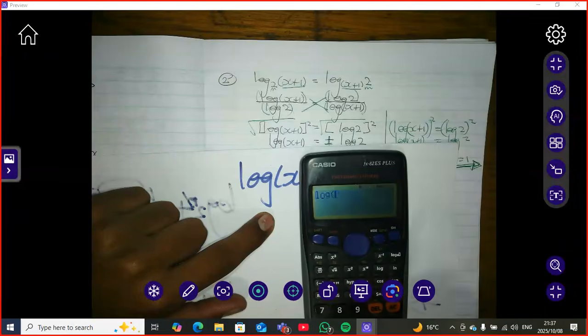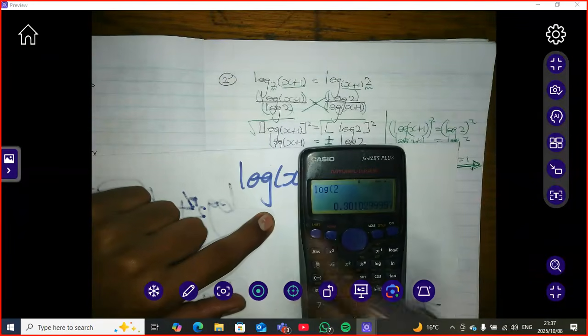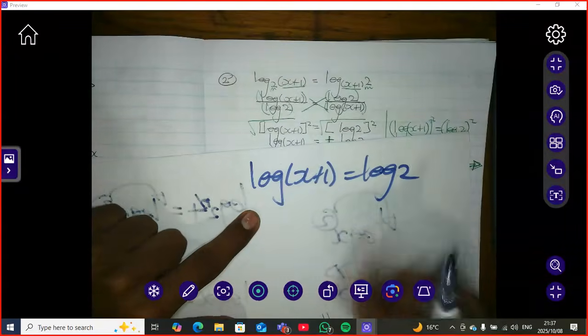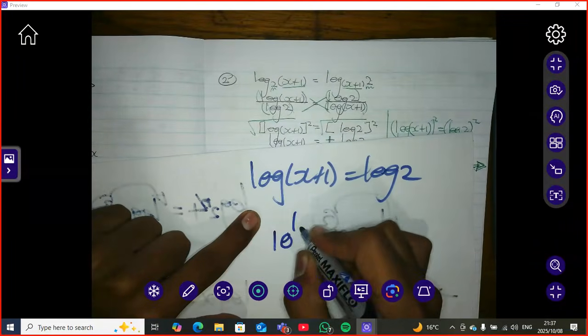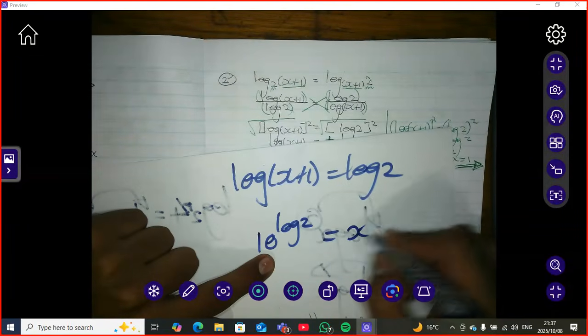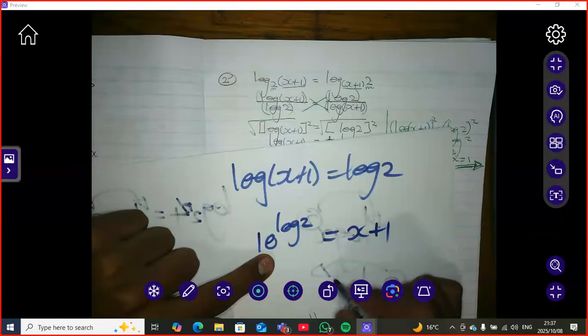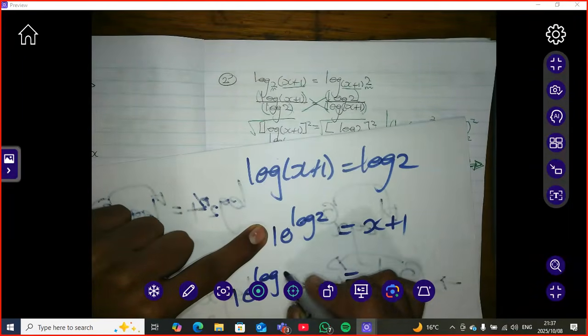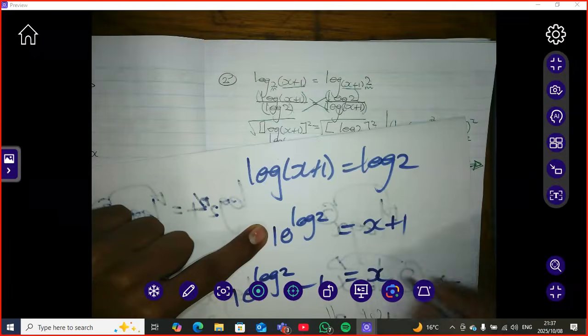You can say log 2. See, it's a number. So what you can do actually is say 10 to the power log 2 equals x plus 1. Then you can say 10 to the power log 2 minus 1 equals x.